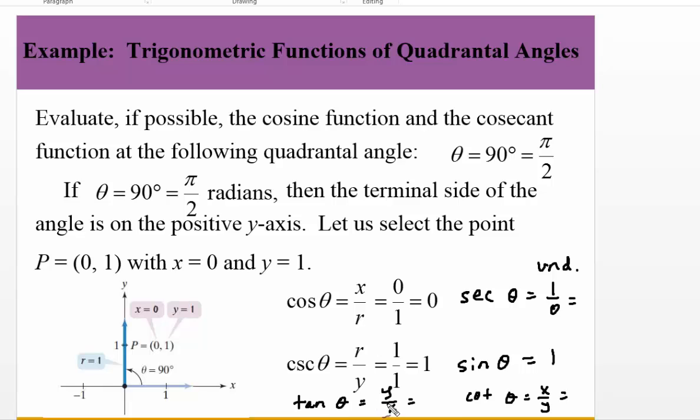We have y over x, which would be 1 over 0, so here's another undefined creature. Whereas the reciprocal, 0 over 1, would actually come out to be the number 0. So some good examples here, looking at the quadrant angles and using those trigonometric functions.